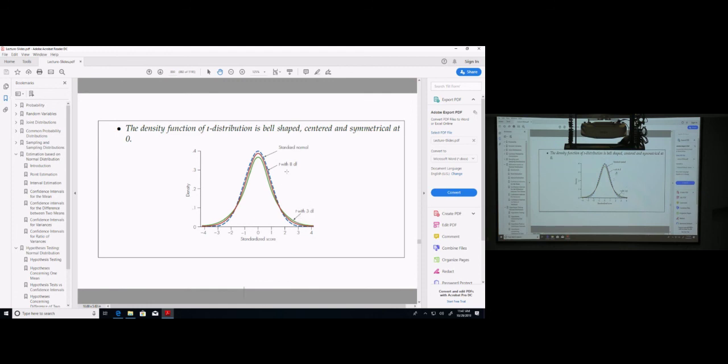But when the degree of freedom is getting a bit bigger, 8, you can see the red curve is now lowering down, at least the tail part on the right. So it's pressing down, getting closer and closer to the blue, which is the normal distribution.